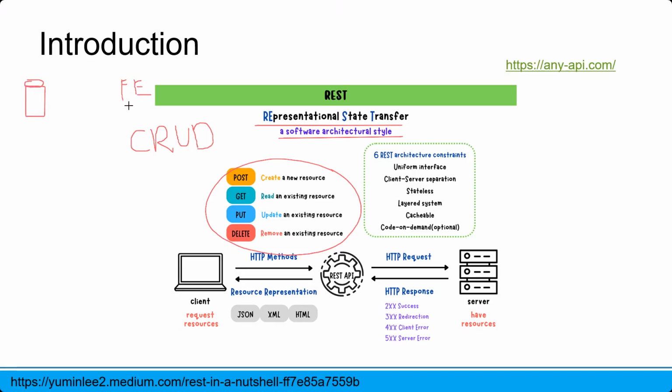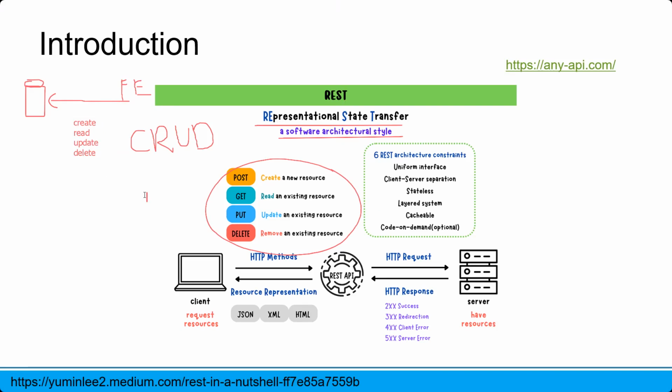And then you need to connect the front end to your database, whether you are going to create data, or read data, or update your data, or delete the data. Now, using the REST, or what we call REST API, we can also do the same as CRUD. We can create, we can read, we can update, we can delete.